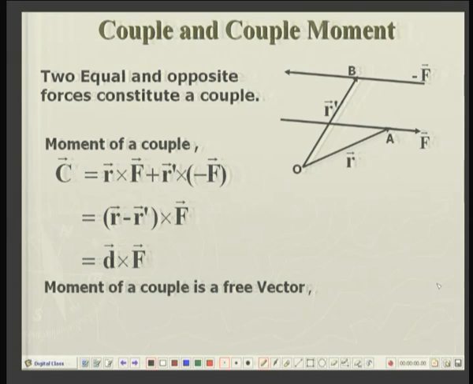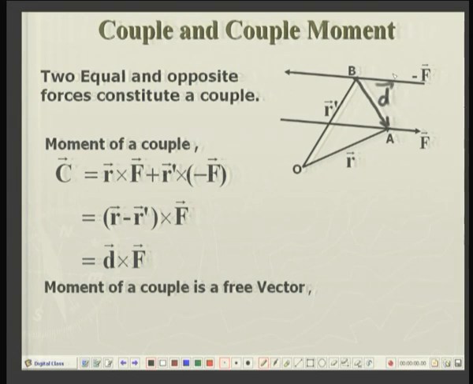So, it will be r crossed with F plus r dash crossed with minus F. So, it is obviously r minus r dash vector crossed with F, and this difference vector you can easily see is the vector joining B to A. So, this is vector D.